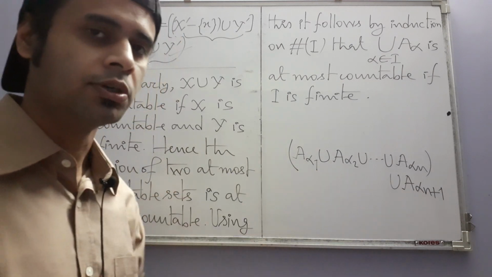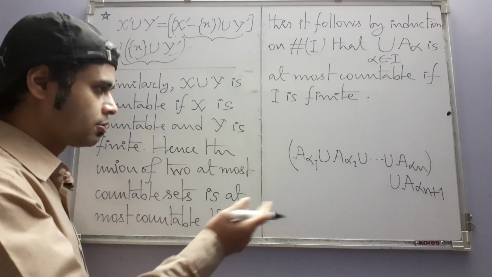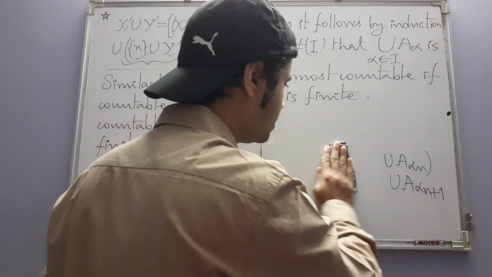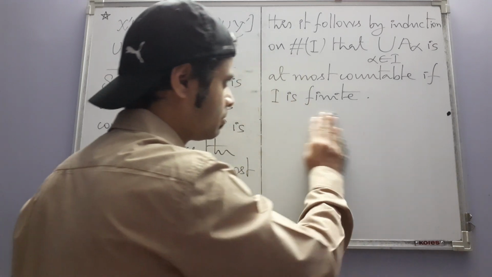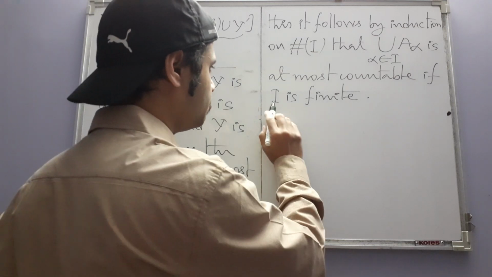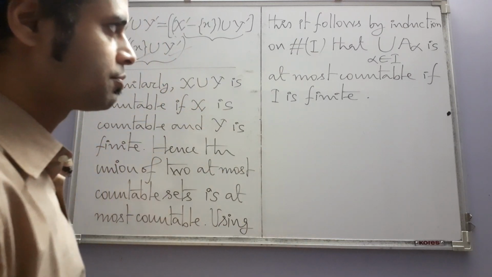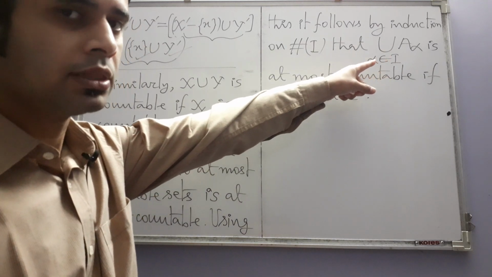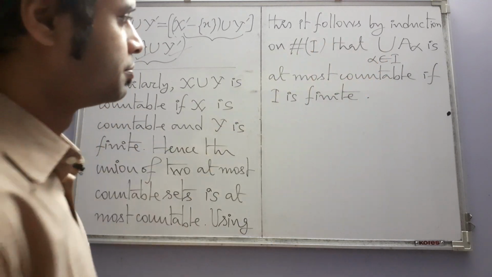So that's why this would be at most countable. So we are actually done proving the main claim of this exercise when our index set I is finite. That means when the number of A alphas involved in this union is finite.